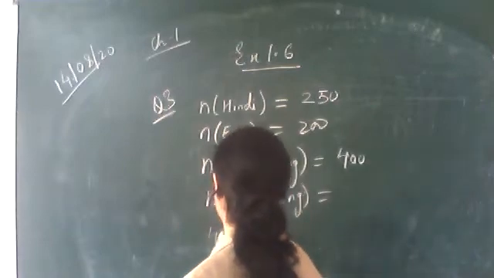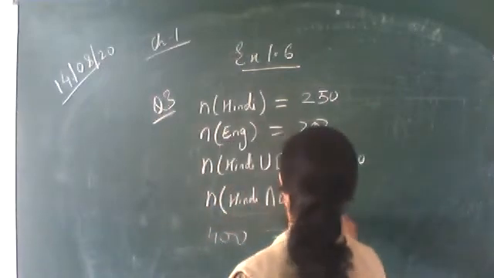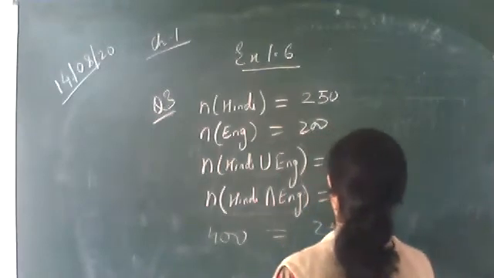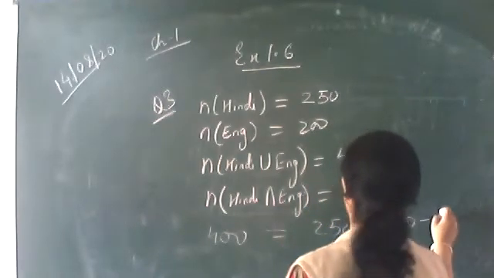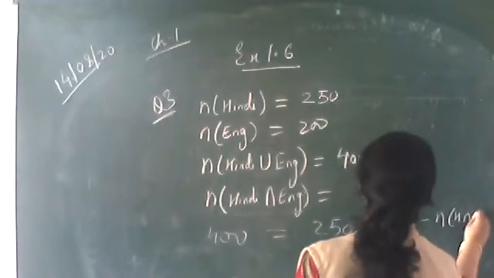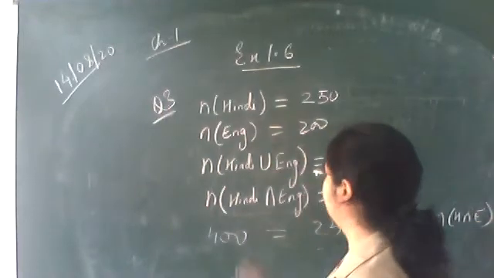So you are having 400 is equal to 250 plus 200 minus n(H intersection E). You can write H and E also. Clear?